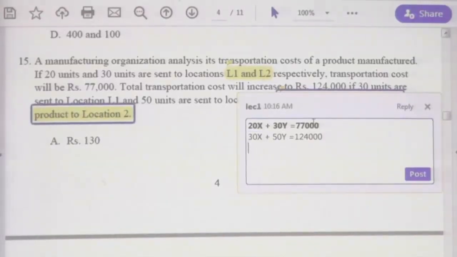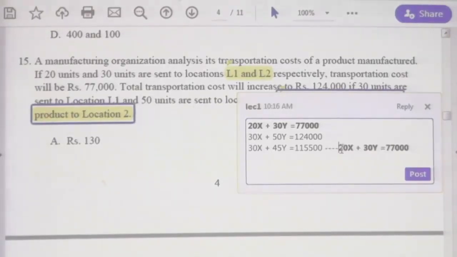Therefore, let us write down, we will multiply this first formula by 1.5. 20x into 1.5 will be 30x, right, plus once you multiply this 30y by 1.5, it will be 45y, equal 77,000 into 1.5, which is 115,500.